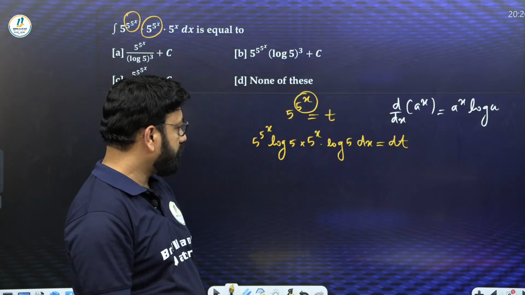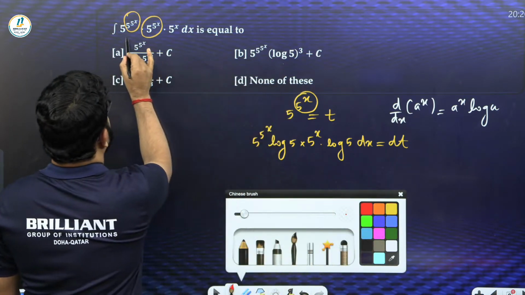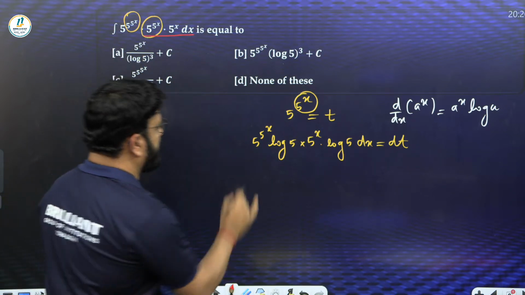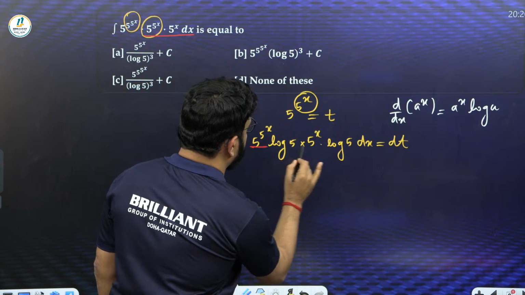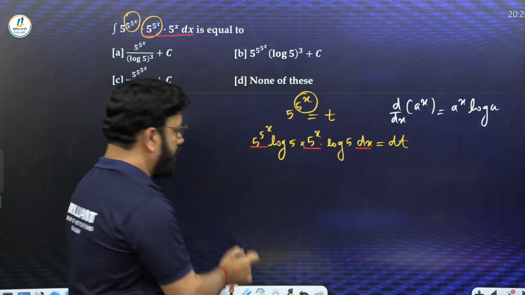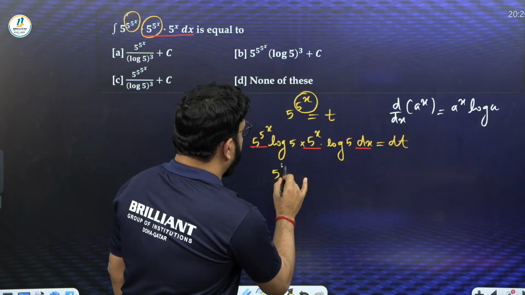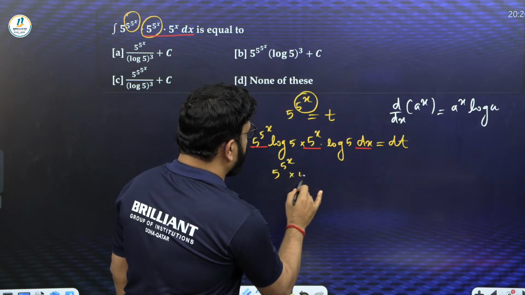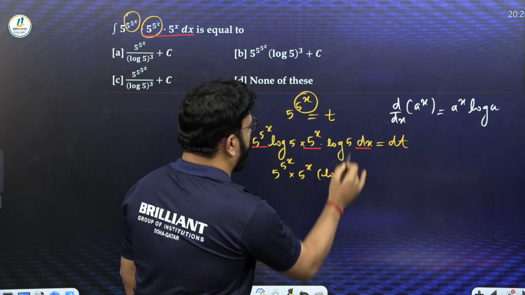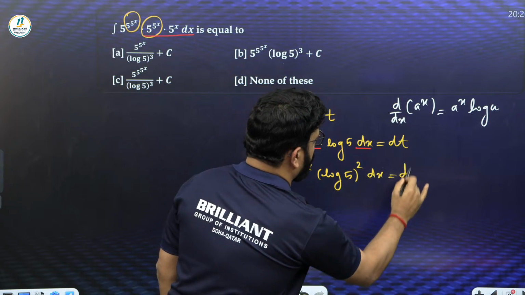dt. Here in this question we have 5 raised to 5 raised to x and 5 raised to x dx is there. We want to keep that on the left side. That means 5 raised to 5 raised to 5 raised to x into 5 raised to x into log 5, 2 times log 5 into log 5, we can write log 5 whole square dx equal to dt.